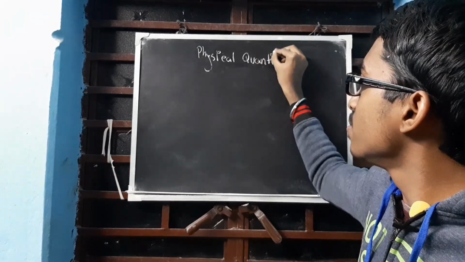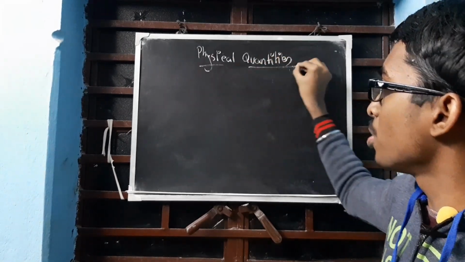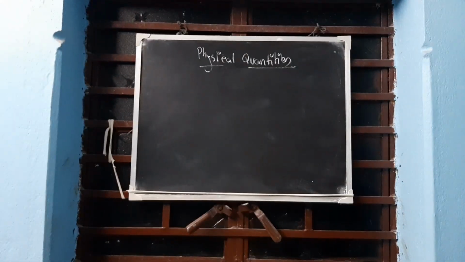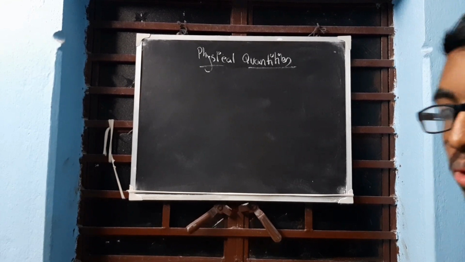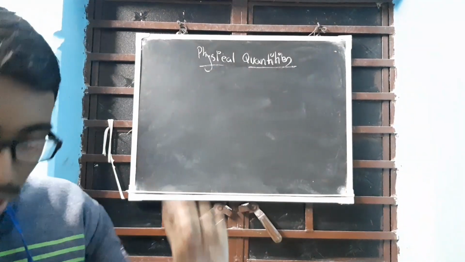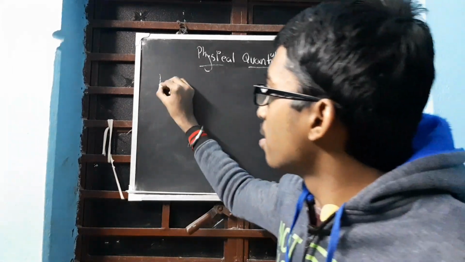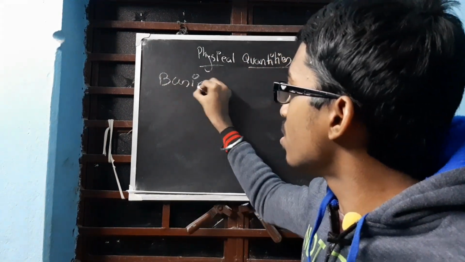Now we'll spend a few pages on this topic. You already know what physical quantities are: quantities which can be measured. Any quantity that can be measured is a physical quantity. Physical quantities are divided into two categories, right? Basic, or fundamental, and derived. There are 7 basic physical quantities.